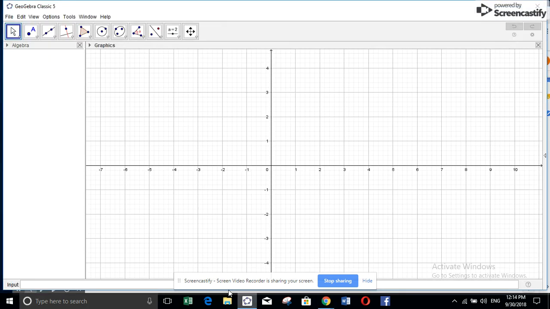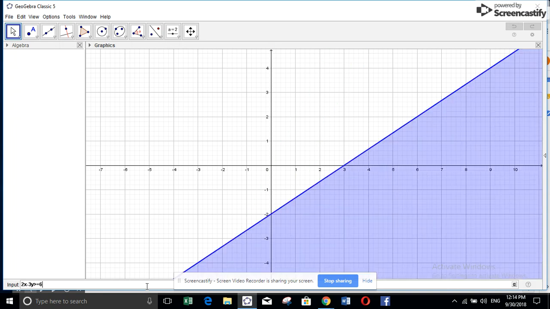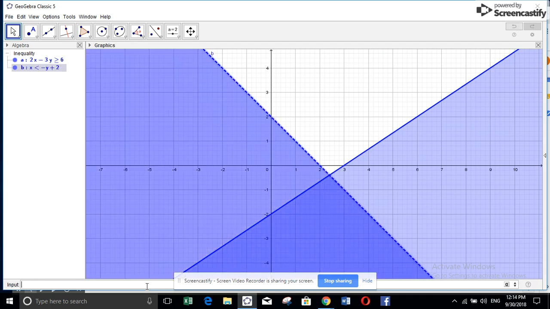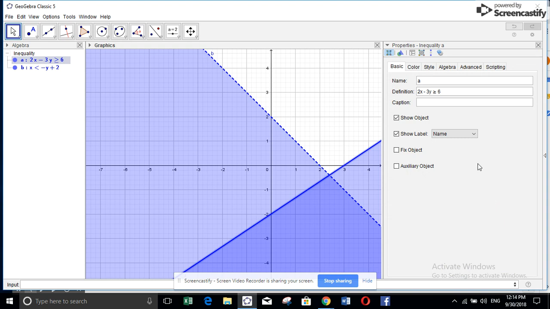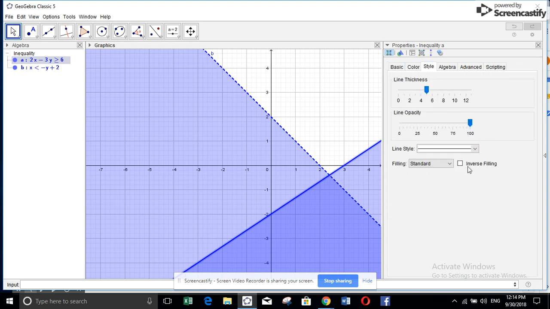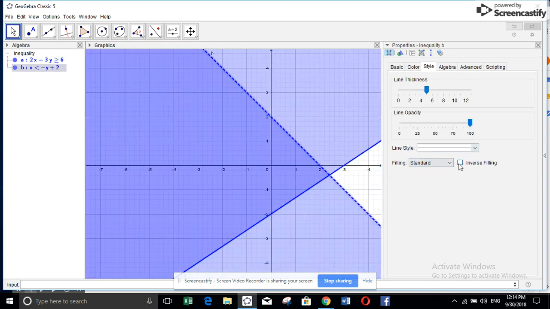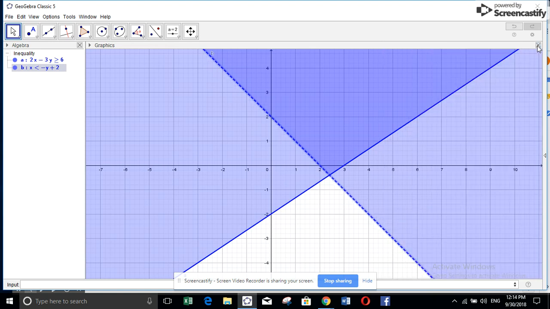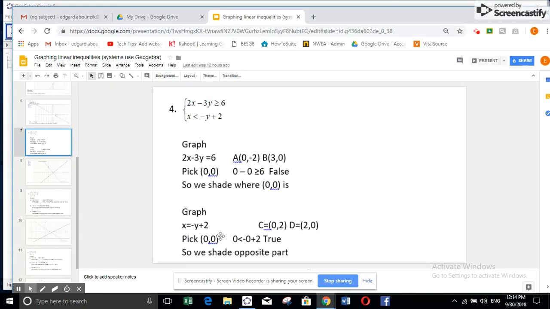As you can see, as we said, we go to object properties, and in the style I do inverse for both, because now we shade the wrong part, so I'm left with this region. So as we solved it in the problem, let us go to another example.